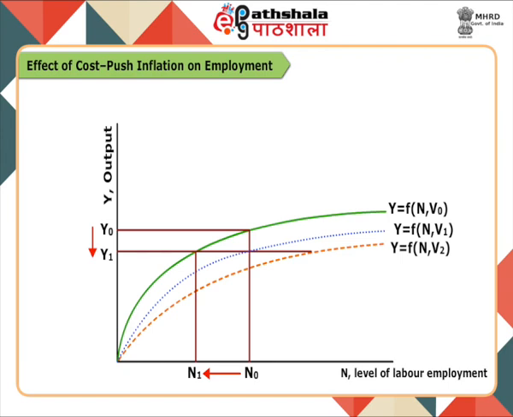The labor that should be employed to produce Y1 level of output along with production function Y = f(N, V2) is N2. In this case, it is seen that although level of output reduced from Y0 to Y1, there is increase in level of employment and employment increases from N0 to N2.